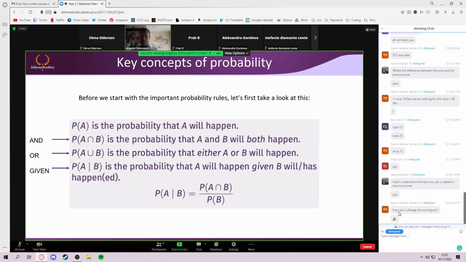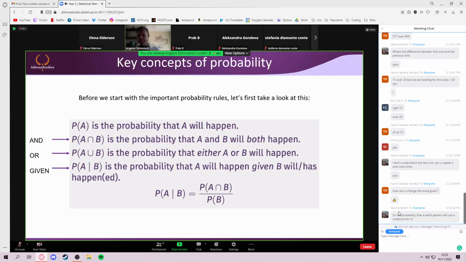I mean, given is like considering as absolutely true. The probability that the medicine will help the patient, given that the patient has ADHD, let's say.